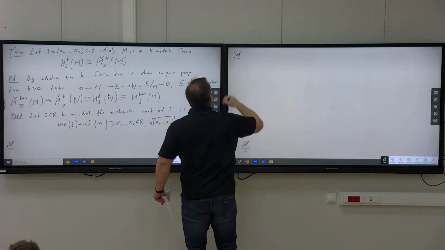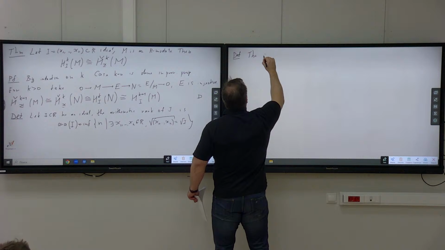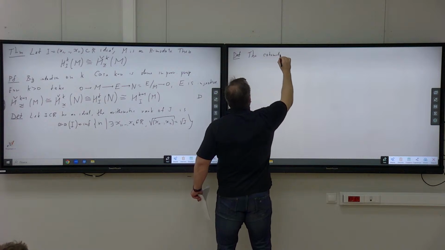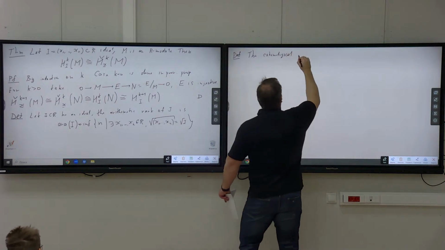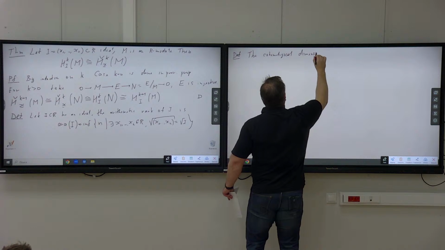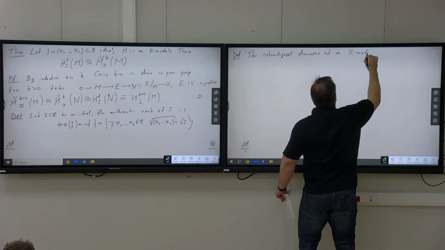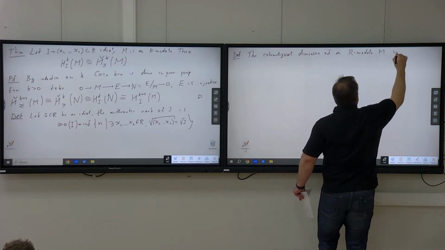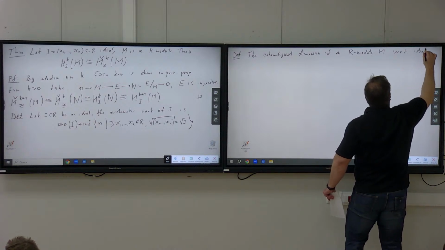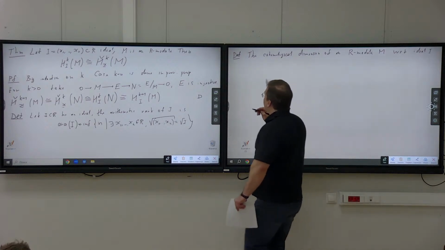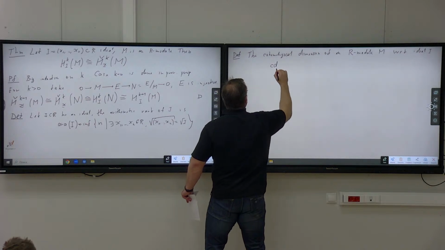So definition: the homological dimension of an R module M with respect to the ideal I. The notation is cd, homological dimension.